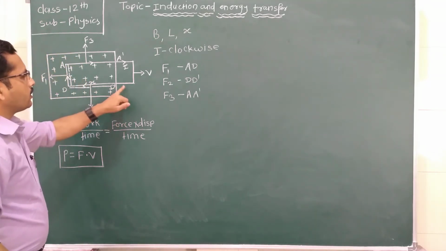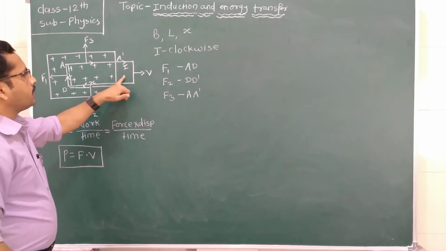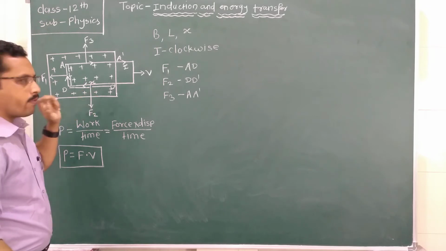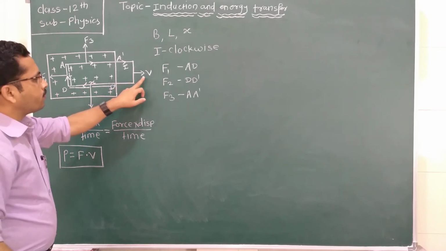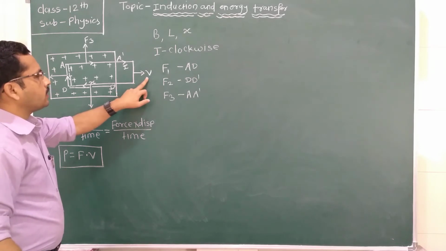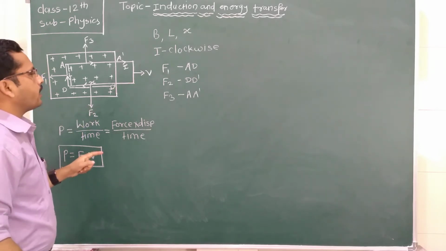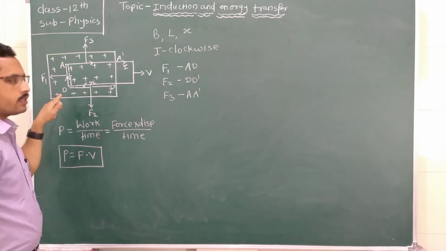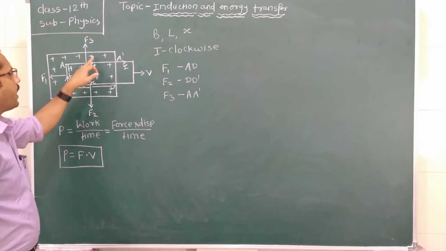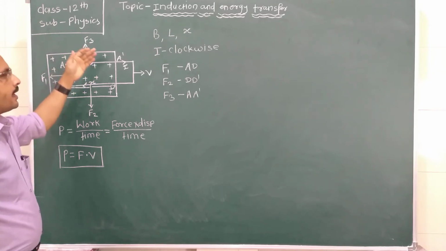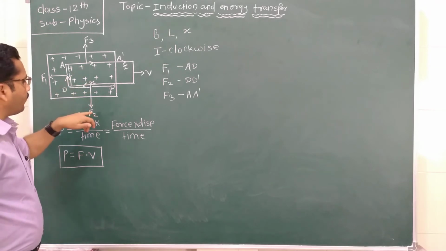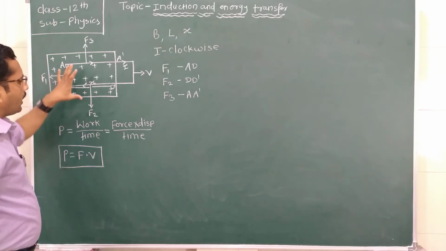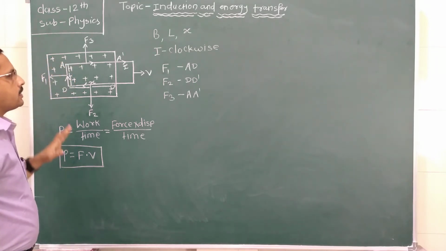Now consider we want to pull this loop outside the magnetic field such that we decrease the value of x. To pull this loop with a velocity v, we need a force. As the same current is flowing through the loop, the force acting in the upward direction is exactly equal in magnitude to F2, but their directions are opposite, so they cancel out each other.